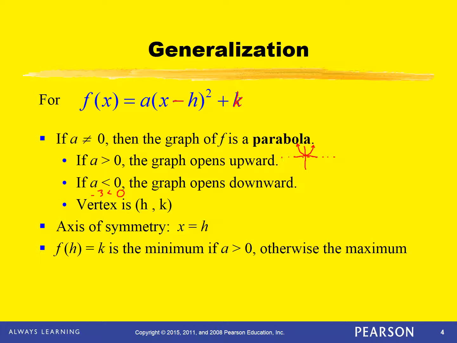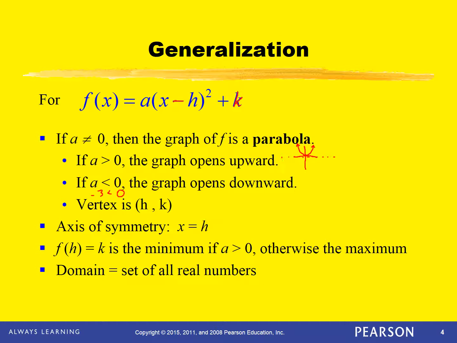It's going to be that constant right there. Otherwise, you have a maximum. So if -3 is the lead coefficient, as we've just seen, there is a maximum value of the function. There's a highest point, not a lowest point.